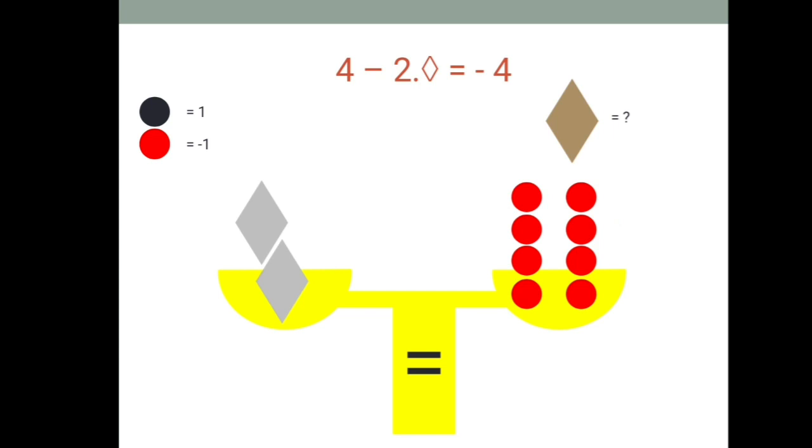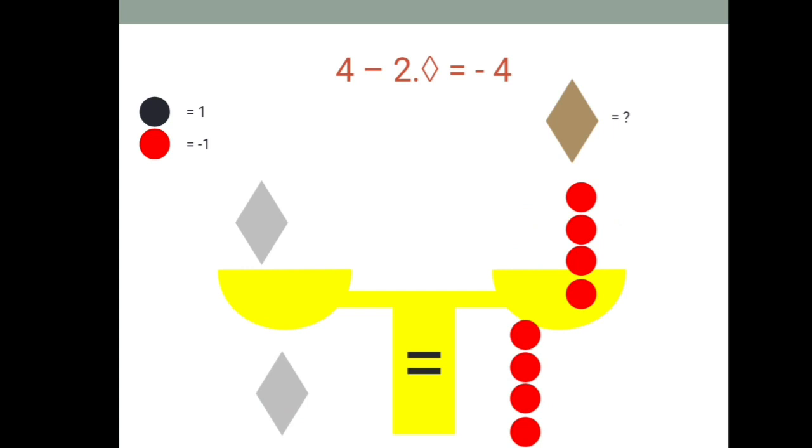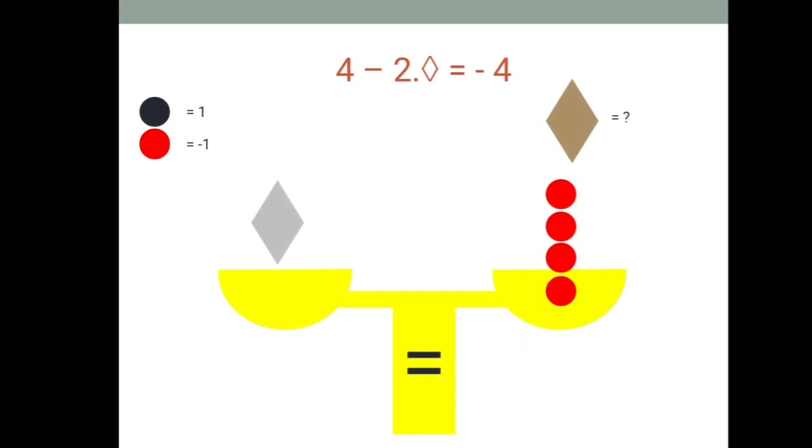So I can divide like this. So we got that one negative rhombus is equal to 4 red balls.